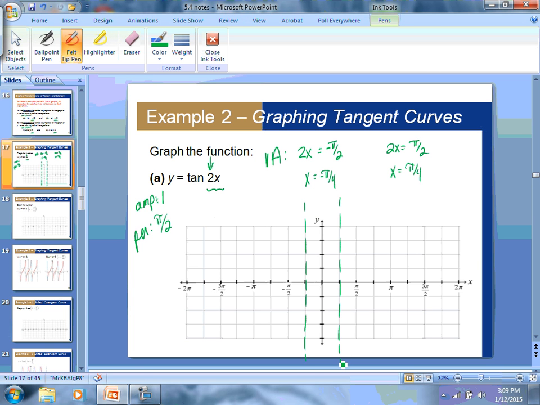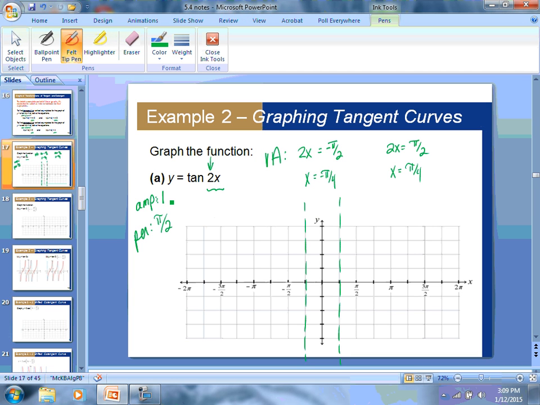Okay. Now I know that it's going to be a tangent function. I know that tangent starts in the negatives, and then as it goes from left to right, it comes up into the positives. My amplitude is 1, so I don't have to worry about making it stretched more or shrunken down.